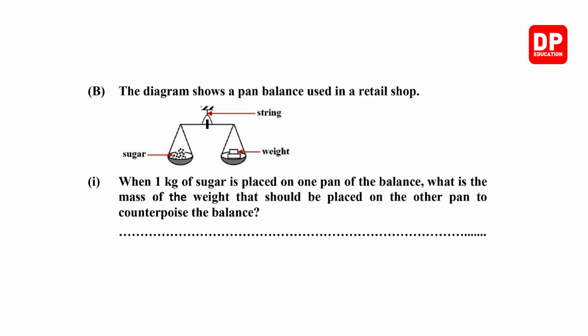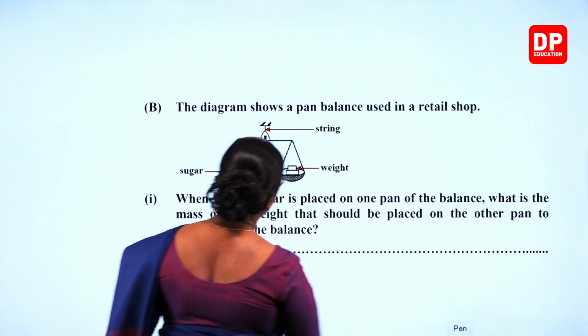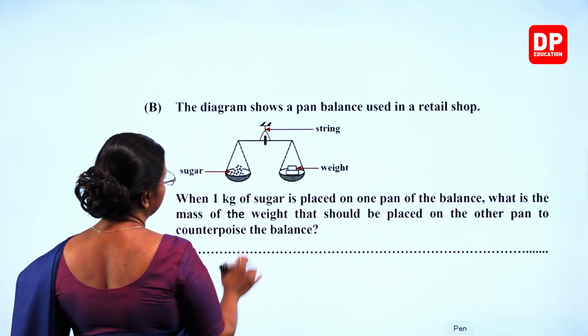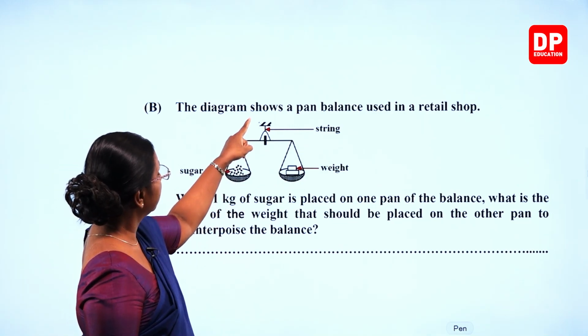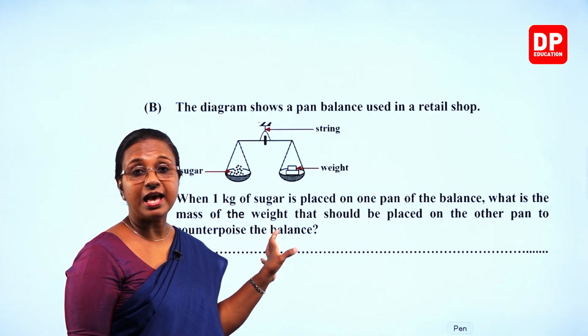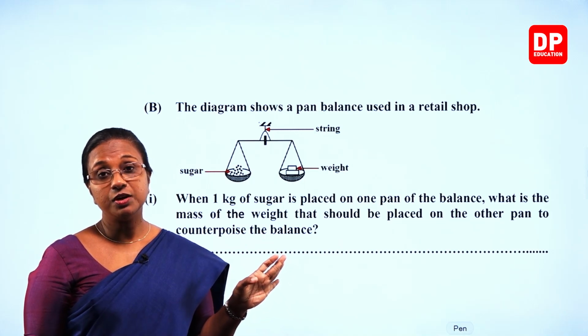So if you look at the diagram, students, you can see this is a pan balance. The two pans, the weight is put here, and on this side sugar. Here you can see it is suspended from a string. So this actually gives rise to equilibrium of moment of forces.